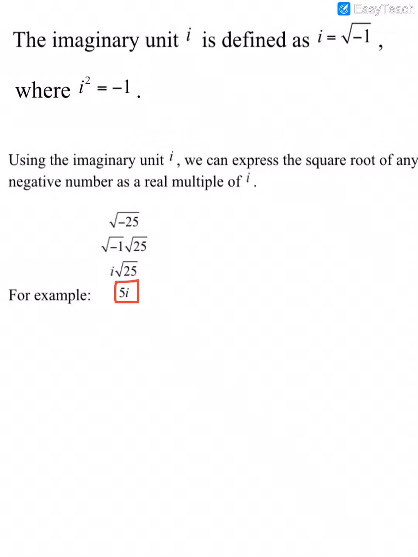Now, we write our answer just like we would any monomial with a variable. If it were an x, we would write it as 5x, not x5. So it's the same thing whenever we have the imaginary unit i, we write it as 5i, not i5.